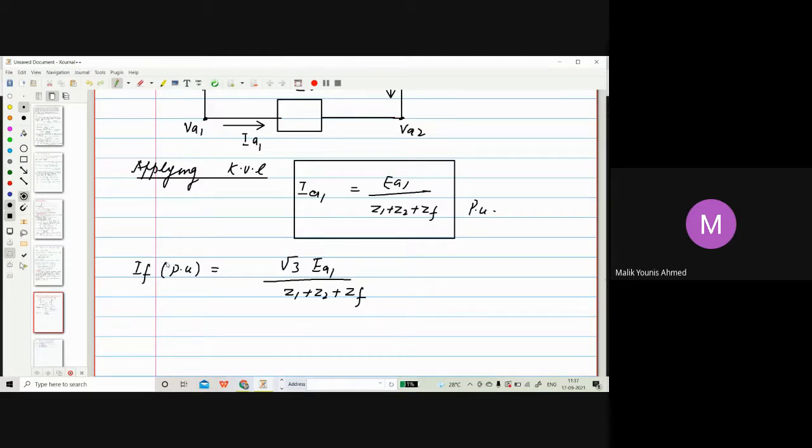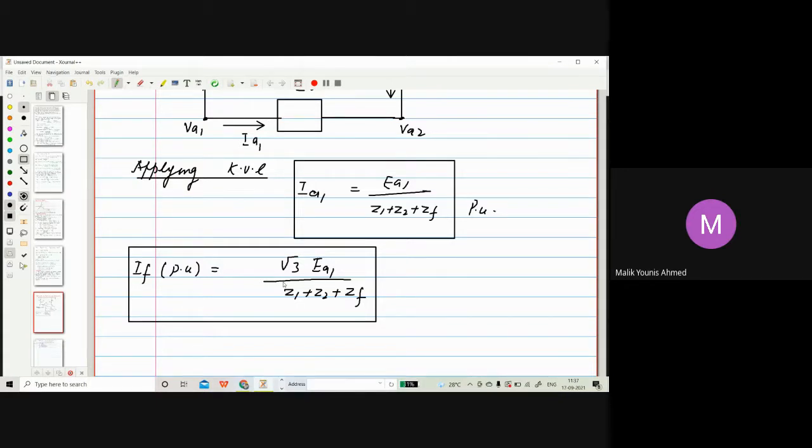You can go to the previous page, and above you can see the fault current. We have seen IF was equal to under root 3 IA1, the magnitude of that. The angle doesn't matter for us for the time being. The magnitude was equal to this. So we have replaced this by under root 3 IA1 as the fault current.